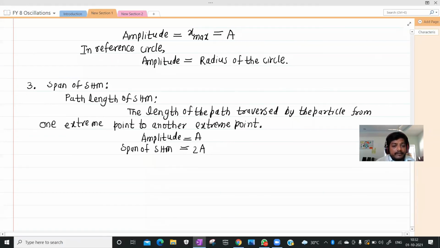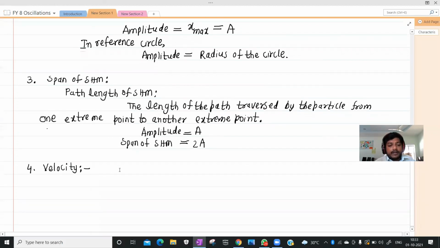Next, the very important concept: velocity. This is very important, especially for BPC students.